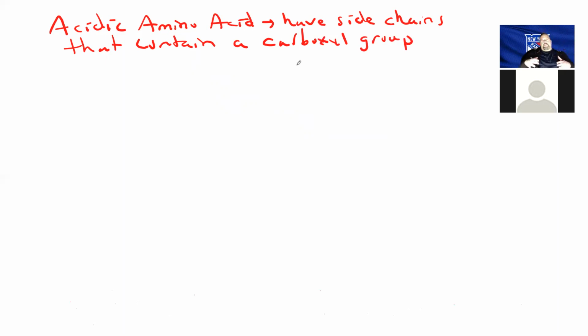So this type of amino acid actually has two carboxyl groups present: the one that's attached to the central carbon and one that's part of the side chain. And the interesting part is that those two carboxyl groups really sort of behave independently of each other.